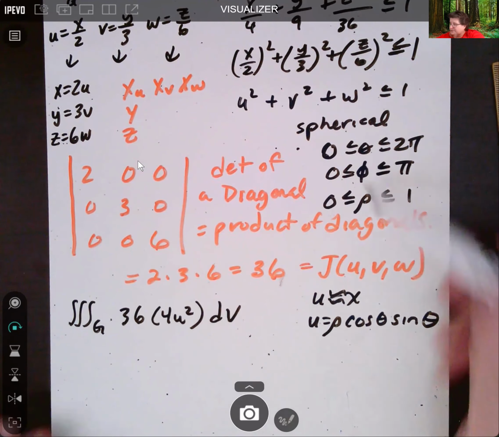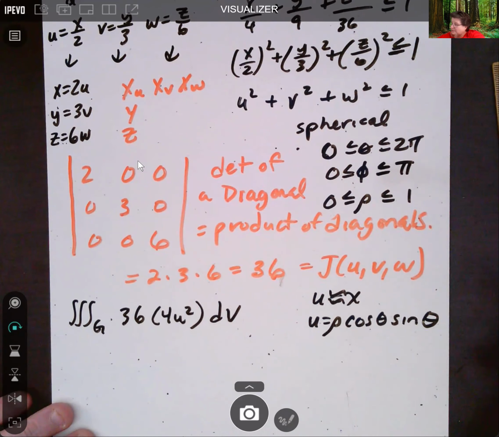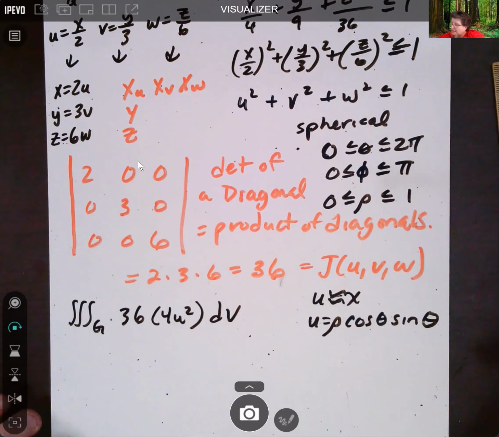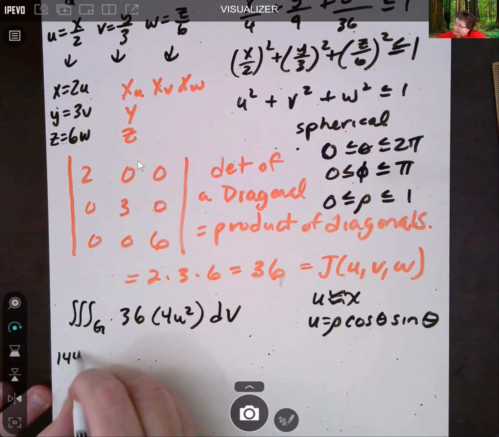We were doing u squared plus v squared plus w squared. Although I suppose we can choose u to be, well, no, u is the x, so there's no real shifting it around. So what's 36 times 4? 72, 144. Got a 144 out front.